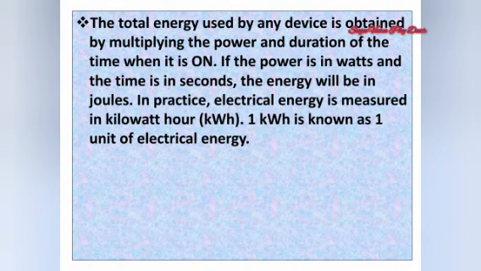The total energy used by any device is obtained by multiplying the power and the duration of time for which it is on. If the power is in watts and the time is in seconds, the energy will be in joules.